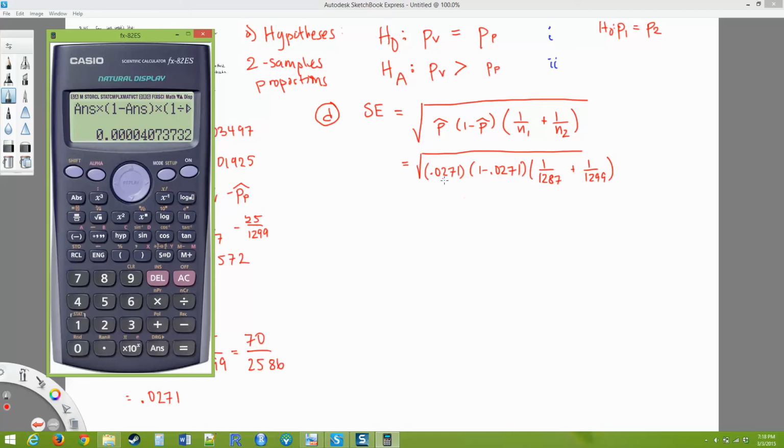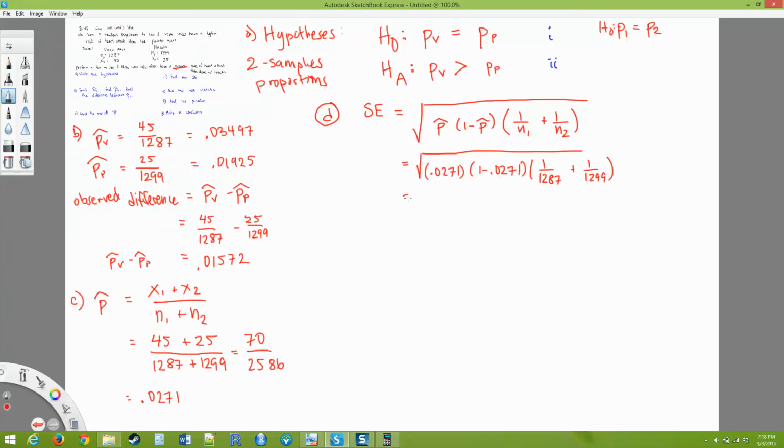That's going to give me everything that's inside the square root. It's this tiny little number here. But I'm going to take the square root of that and hit square root of the answer. And I get 0.00638. Okay, so my standard error is 0.00638.